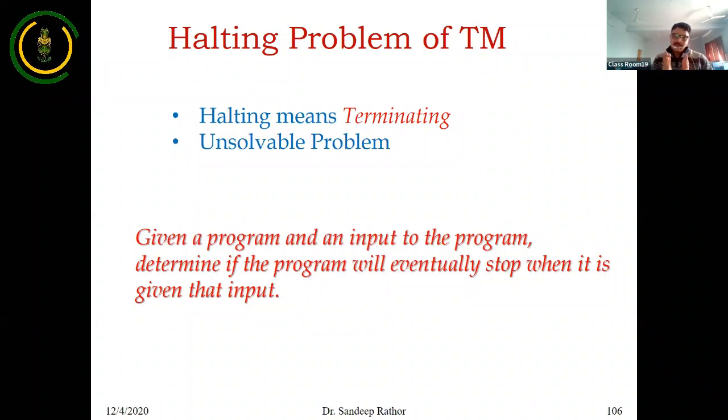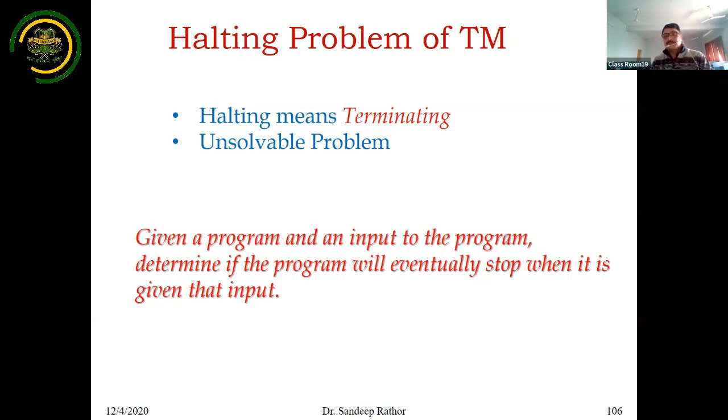If we cannot solve a problem, if we are not able to give the answer in the form of yes or no, then this type of problem is called an unsolvable problem.